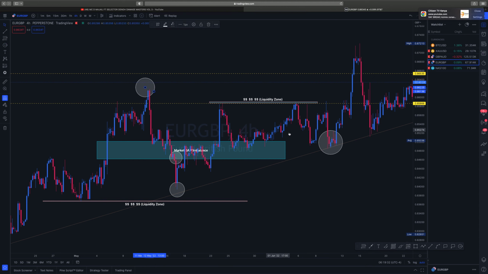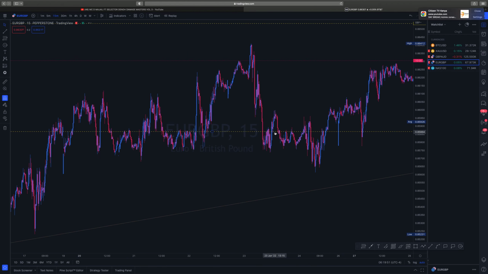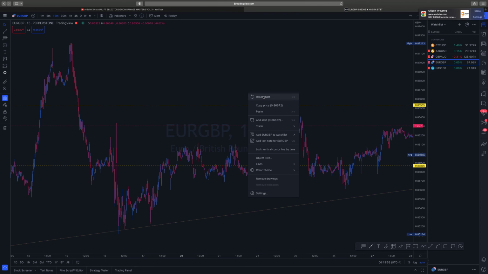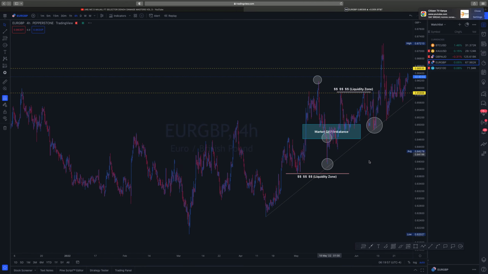You understand? Because this is on a 4-hour time frame, and for this trade to move from here and fill this market gap, it takes almost 114 pips. And if you're trading on a 15 minutes time frame, to cover this 114 pips, that will take you a lot of time to be able to cover that market gap.